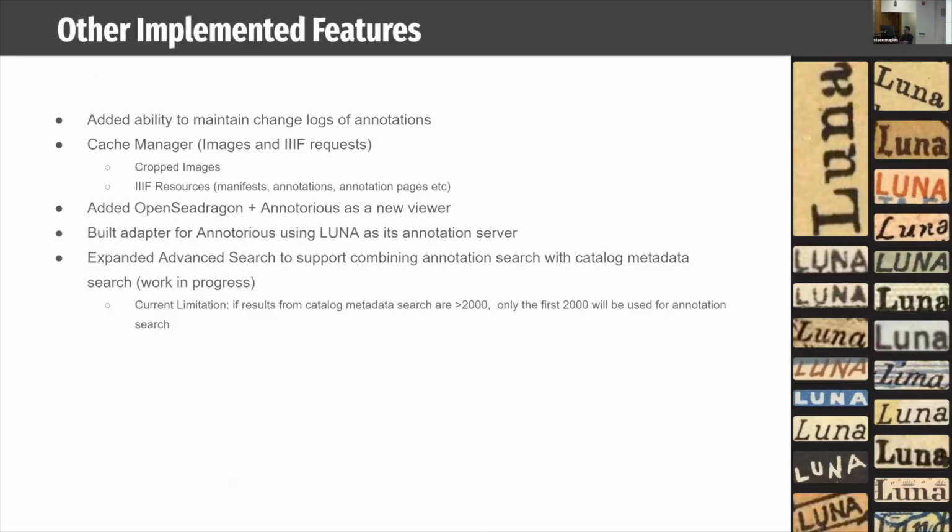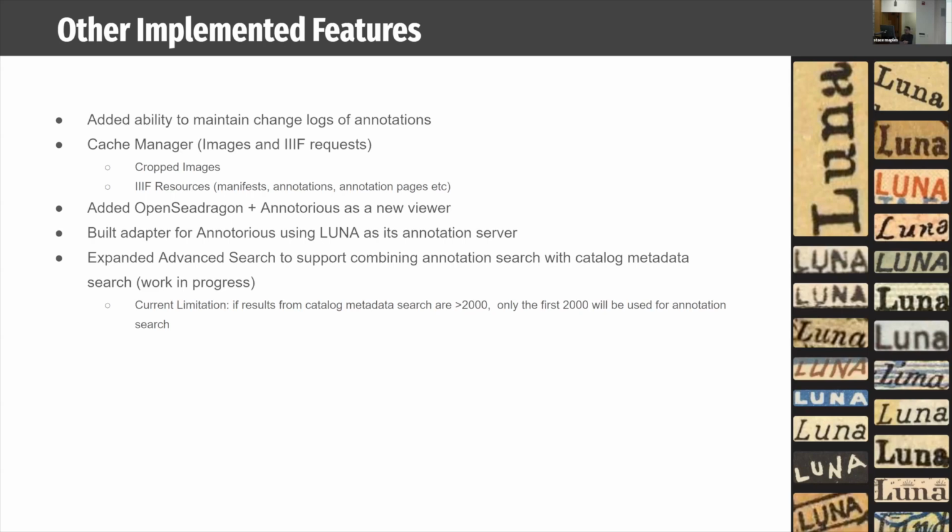Other features implemented for this project in the past year: we added the ability to maintain the change history of annotations. We also added 2 caches, one for crop images and another for IIIF resources. We also added OpenSeadragon as a new viewer type, using Annotorious as an annotation tool.